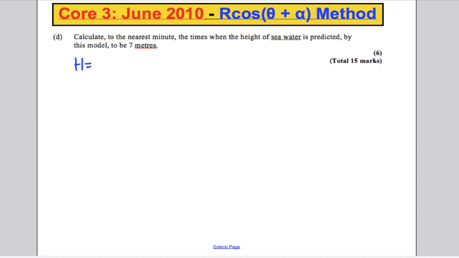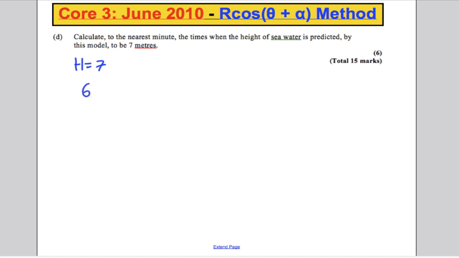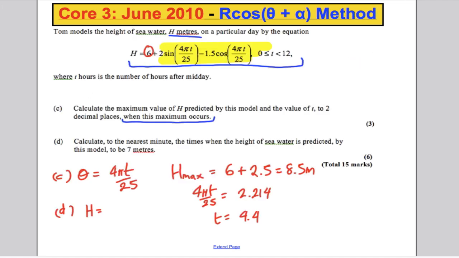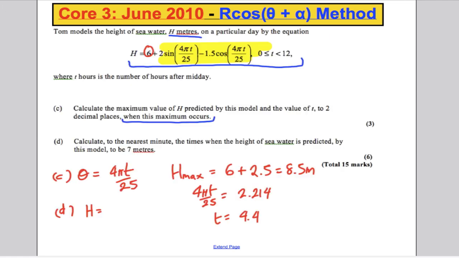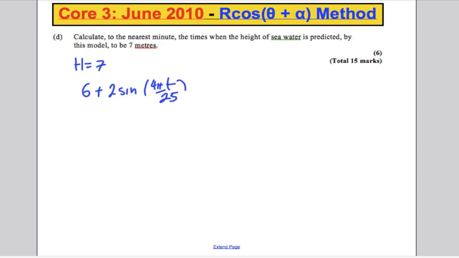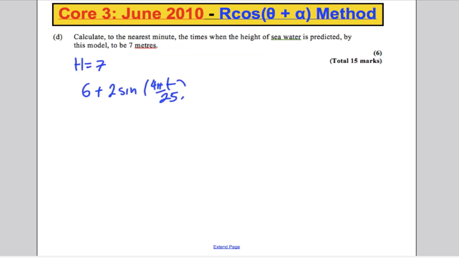So we're trying to solve when h is equal to 7, i.e. we're trying to solve where 6 plus 2 sine 4 pi t over 25 minus 1.5 cos 4 pi t over 25 is equal to 7.